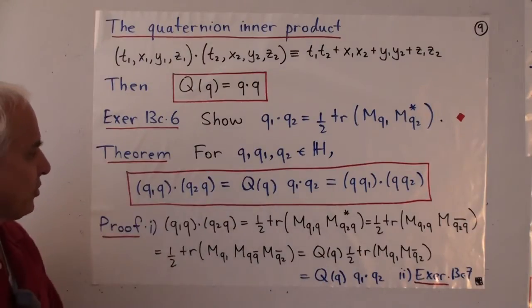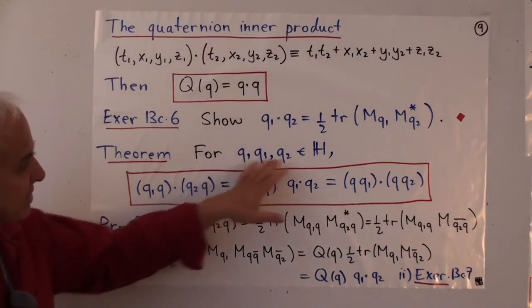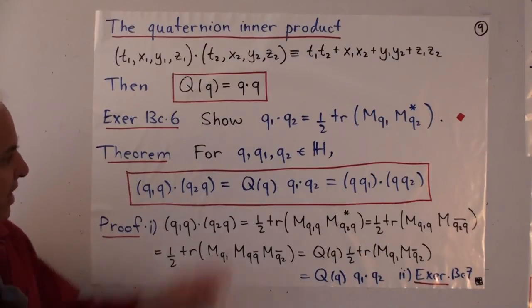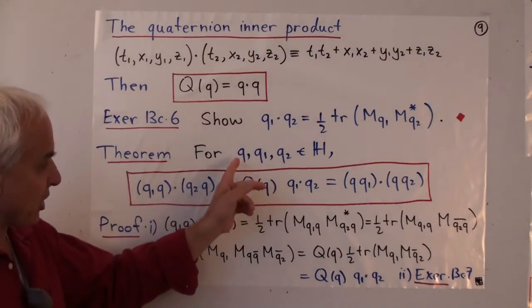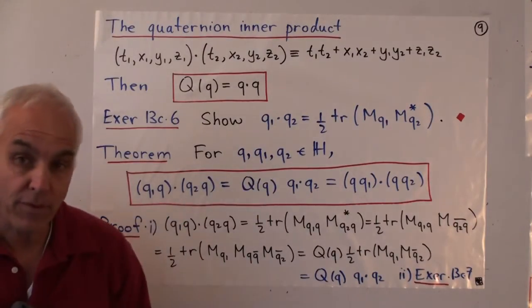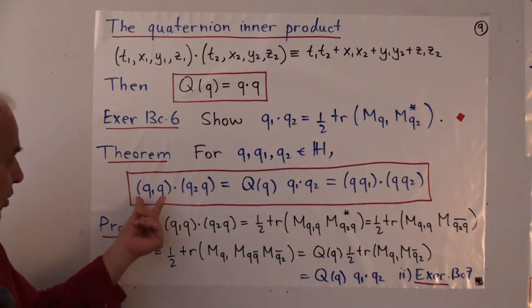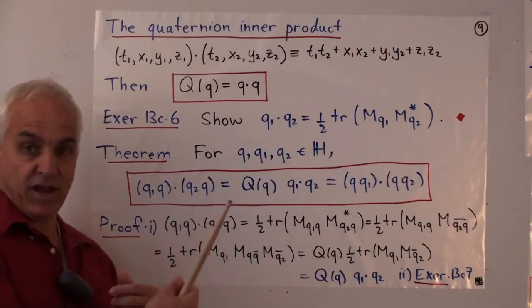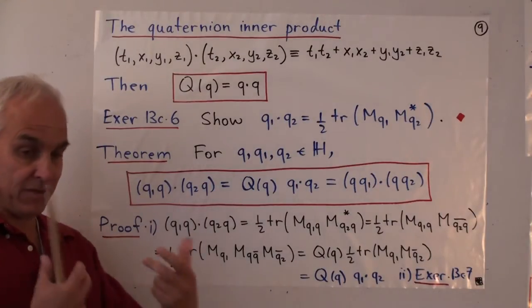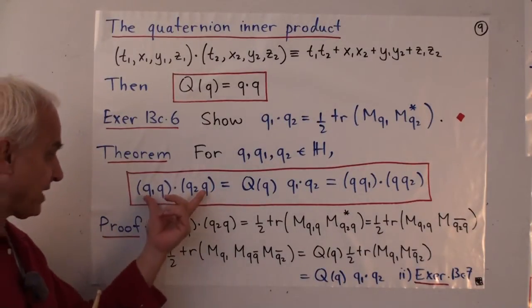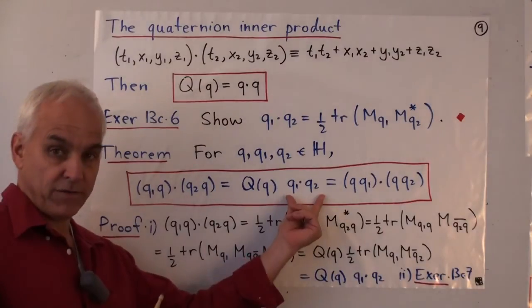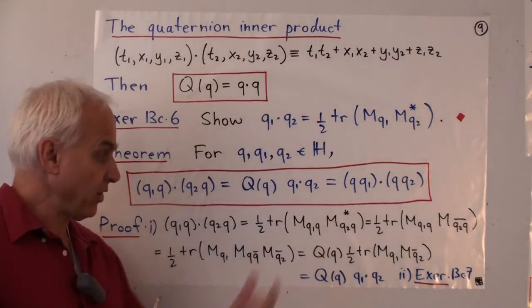We're going to use that to establish this theorem here, that if you have three quaternions, say Q, Q1, and Q2, then if you take Q1 and Q2 and you multiply them both, say, on the right by Q, and take the dot product, then you're going to get something that's related to just the dot product of Q1 and Q2.